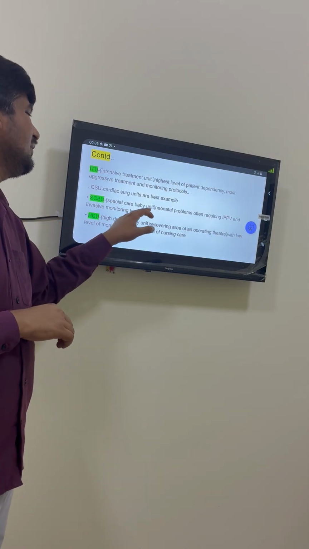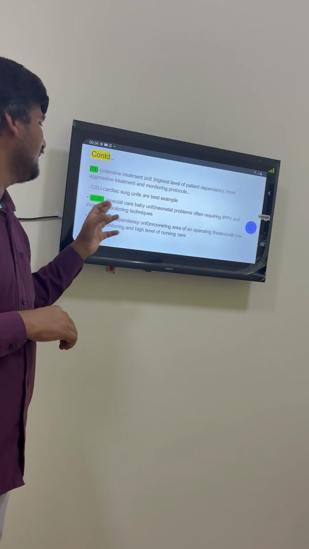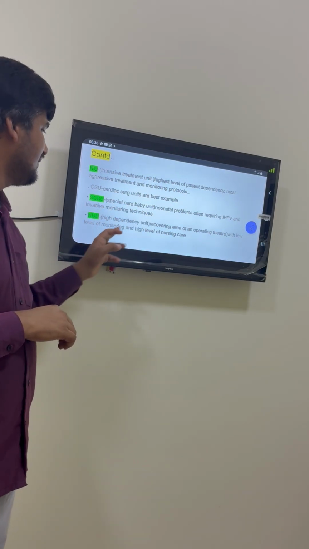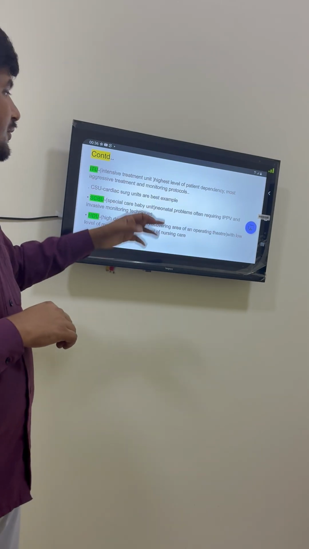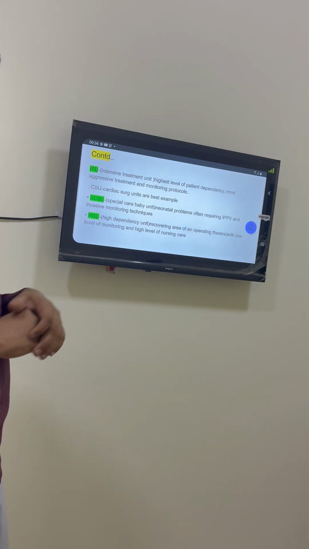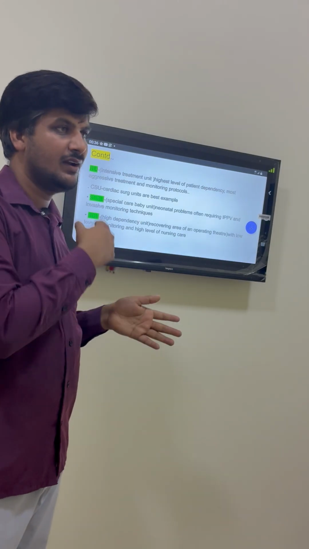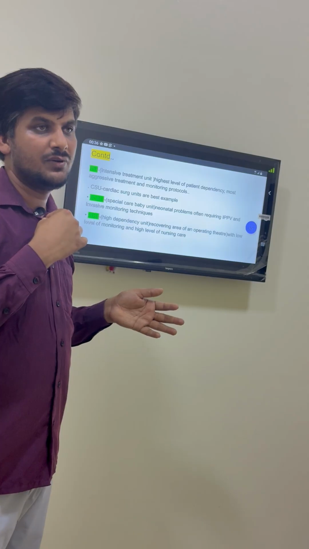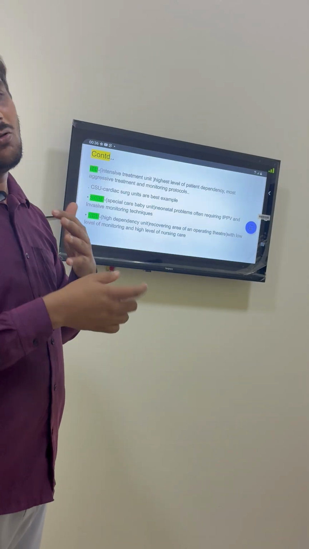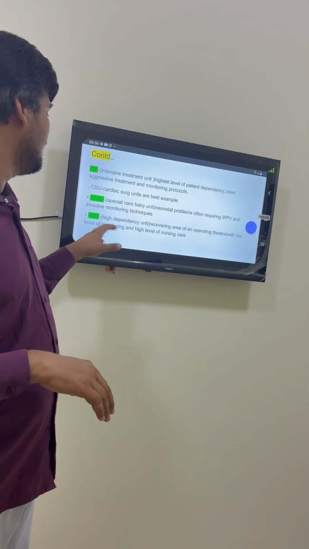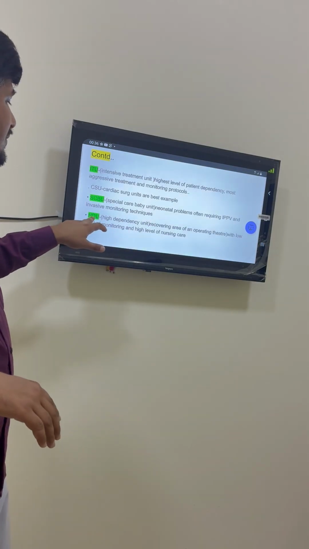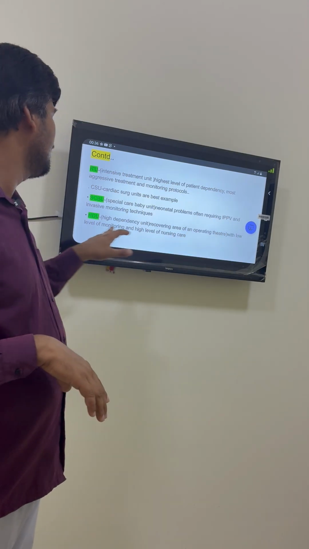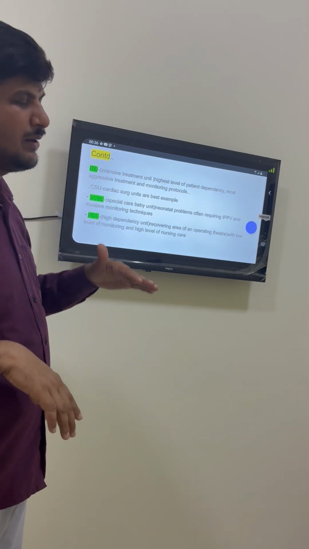Then special care baby units, usually for neonates, where invasive monitoring is used. HDU, high dependency unit, is usually called a step down ICU. Suppose the patient is intubated and cannot wean off the ventilator, doctors will do a tracheostomy, and once the patient is on lower ventilator settings, they send them to the HDU, covering the area of an operating theatre with a low level of monitoring, because the patient is already settled.